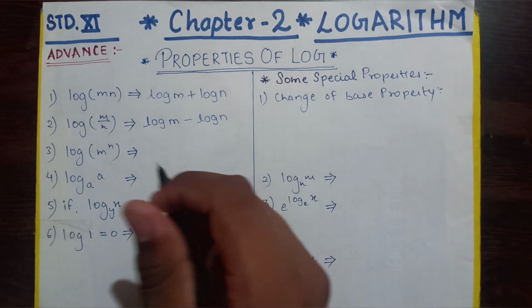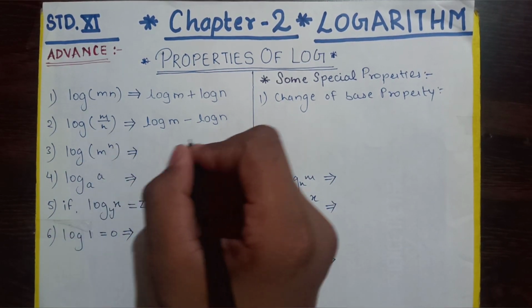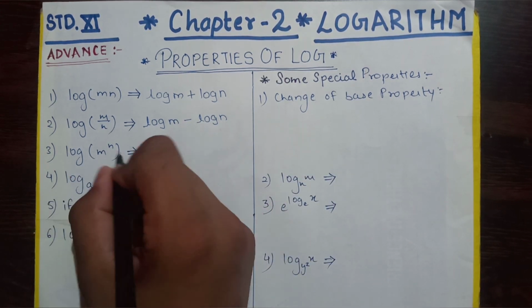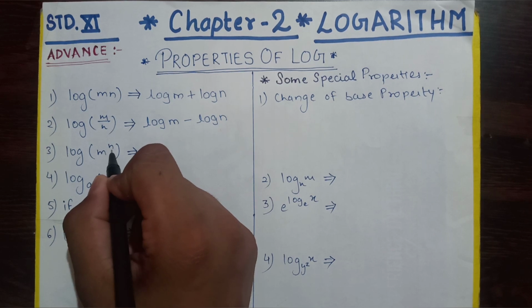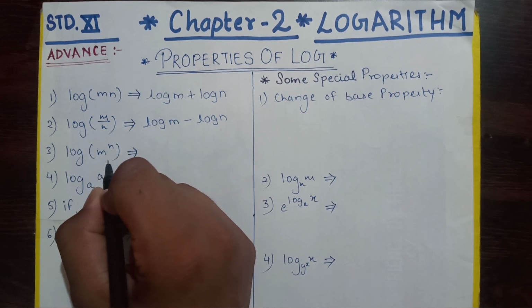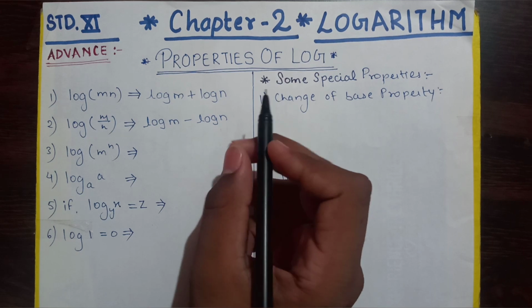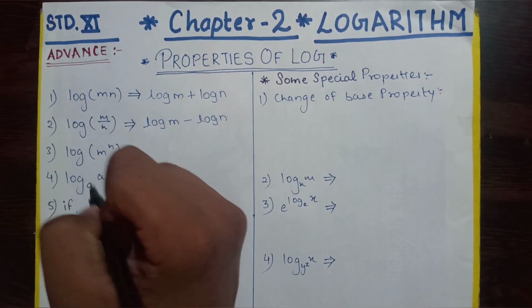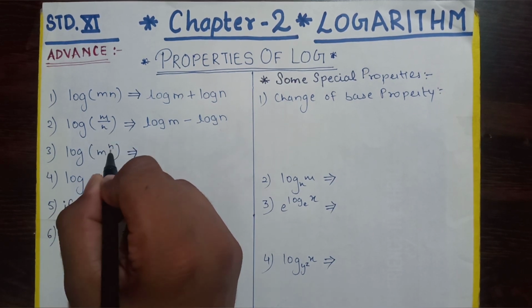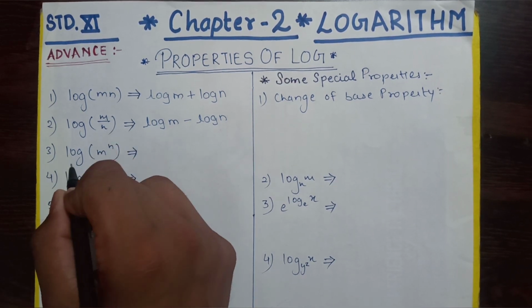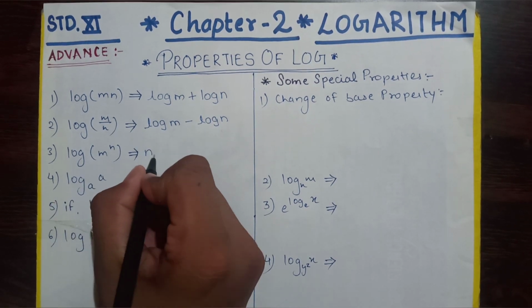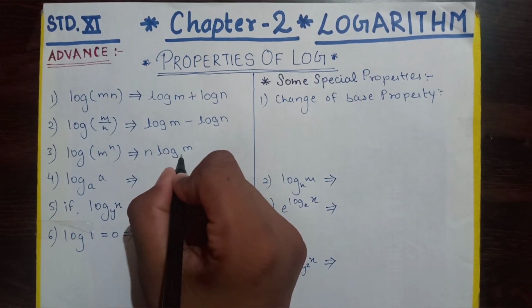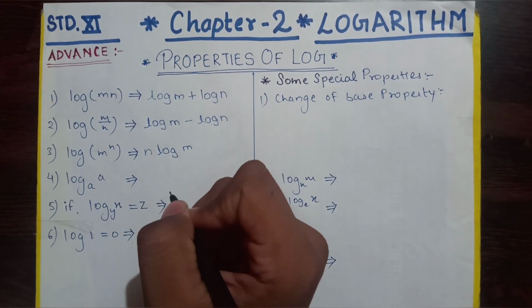So our third property is log m raised to n. We will write it as n log m. Here n is not a number, nor is m the base. You might have misunderstood, but at no place is the base given. This is m raised to n, so this n would come in front and it would become n log m, with the space of the base left alone.